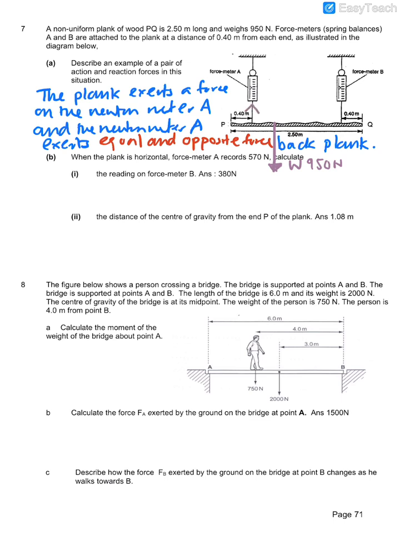Then this one is how much? 570. Then force meter B, don't know. Up or down? Up. So this one we don't know, we just write force B.